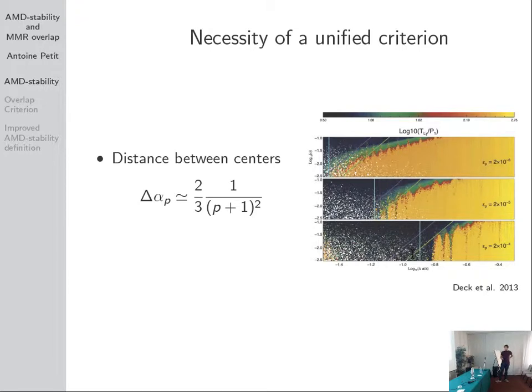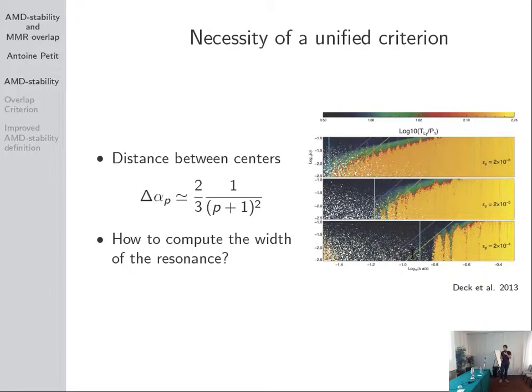To do so, you have to compute the distance between the two centers of resonances and the width of the resonances, and compare those two values. What I give you here is the distance in alpha, the ratio of the semi-major axes, between the resonance P plus 1 and the resonance P plus 2.